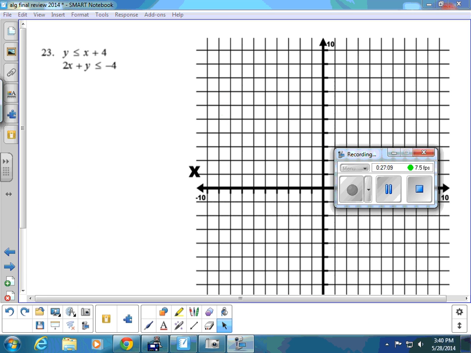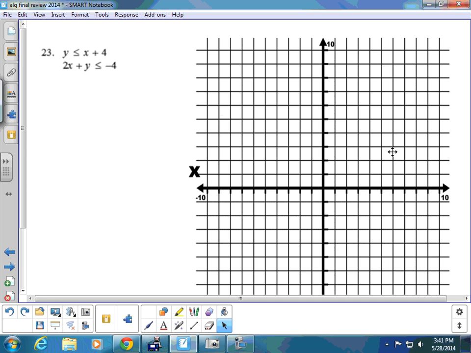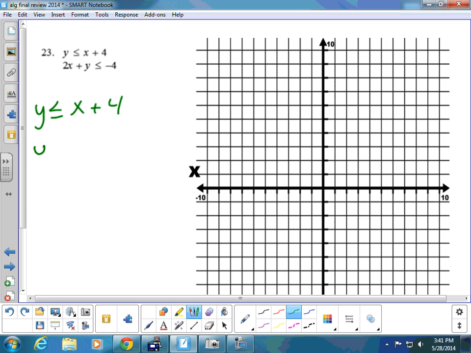Okay, working on number 23. You're going to be given a piece of graph paper, and it'll say solve the system of inequalities by graphing. So what we have to do is graph this. For the first one, y less than or equal to x plus 4, we're going to actually graph y equals x plus 4.